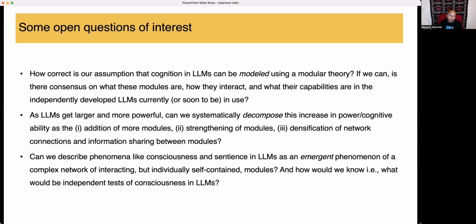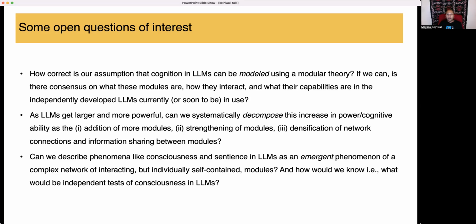So it's quite possible that even if we can use a modular theory for modeling cognition in these LLMs, the actual modular architecture, the modules and the way in which they interact, could be different from LLM to LLM.